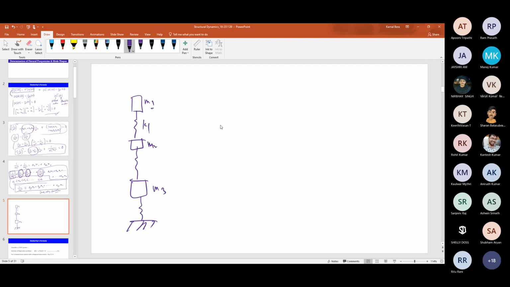Then these are K1, K2, and K3. Let's say M1 is 1, M2 is 1, M3 is 1, just for simplicity, all in kg, and K1 equal to K2 equal to K3 equal to 1 Newton per meter.